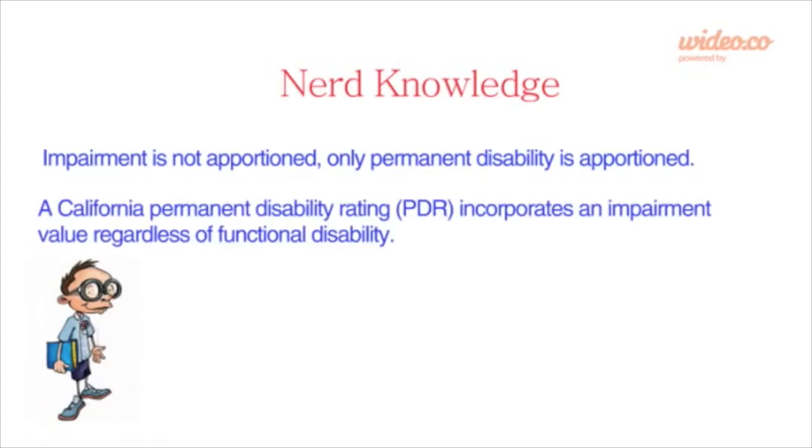Well, unfortunately, when we created the California Permanent Disability Rating, we didn't have a firm grasp or understanding of the definitions as they're called out in the AMA guides. As a result, a California Permanent Disability Rating incorporates a whole person impairment rating regardless if that whole person impairment rating actually results in any permanent disability.